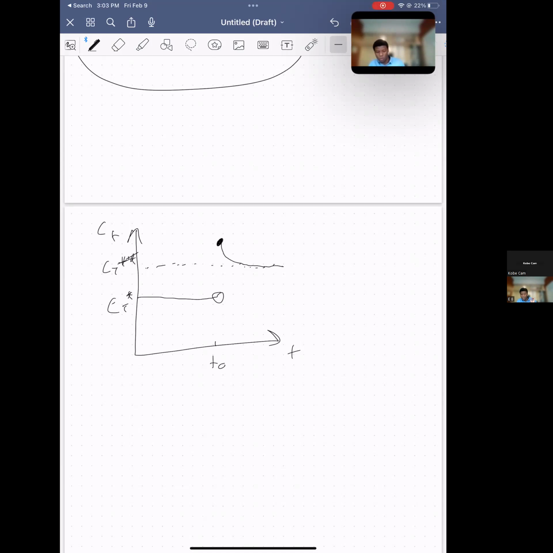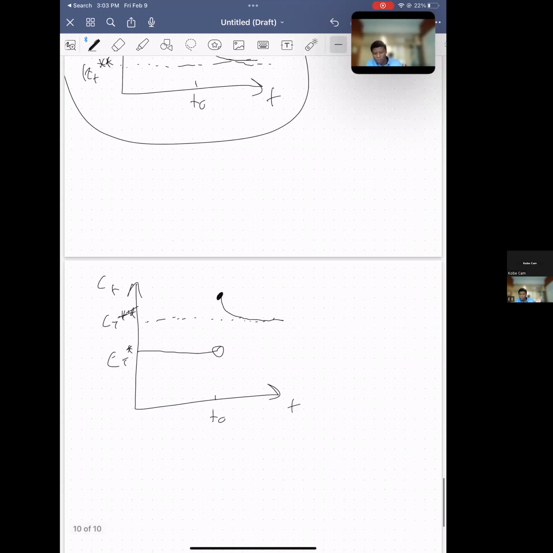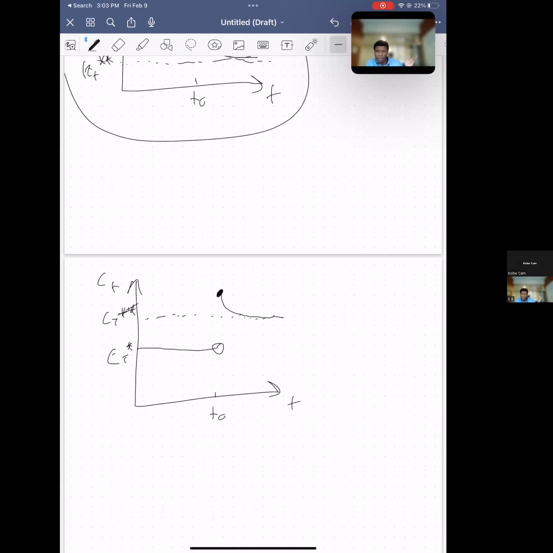So that means we should see at time 0 an initial jump in consumption, because we've increased how much we're going to consume. But because of the effects of that, our capital goes down, right? And so as it's going to this new steady state that's lower for capital, it's also going to a new steady state that's lower for consumption. And so over time, it's going to reach a higher steady state than we initially had, but it's still going down. Okay.